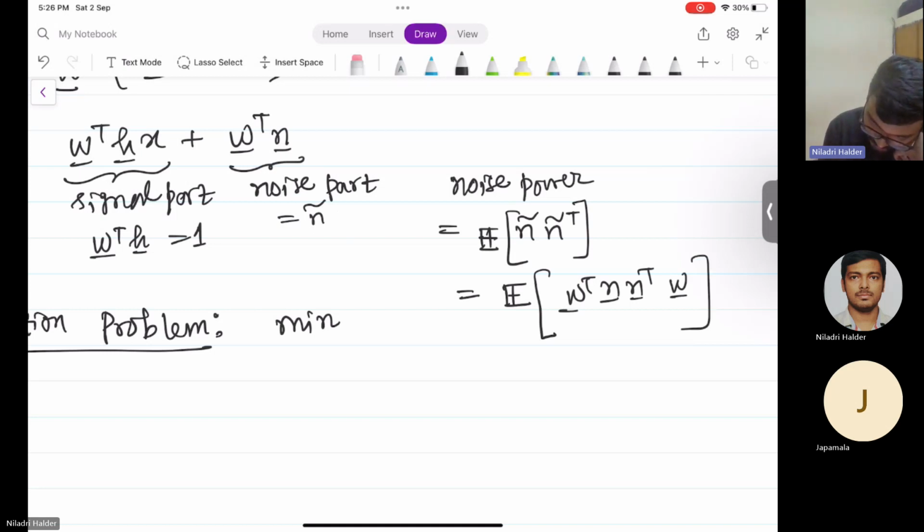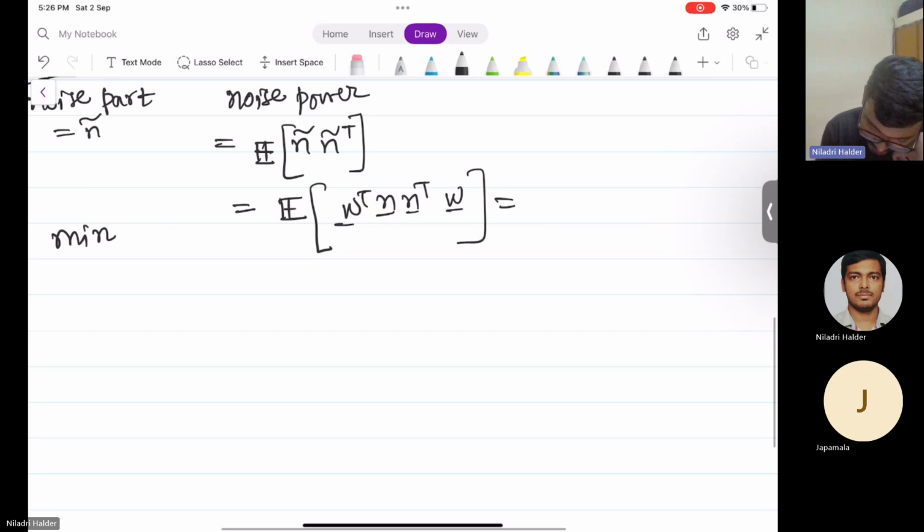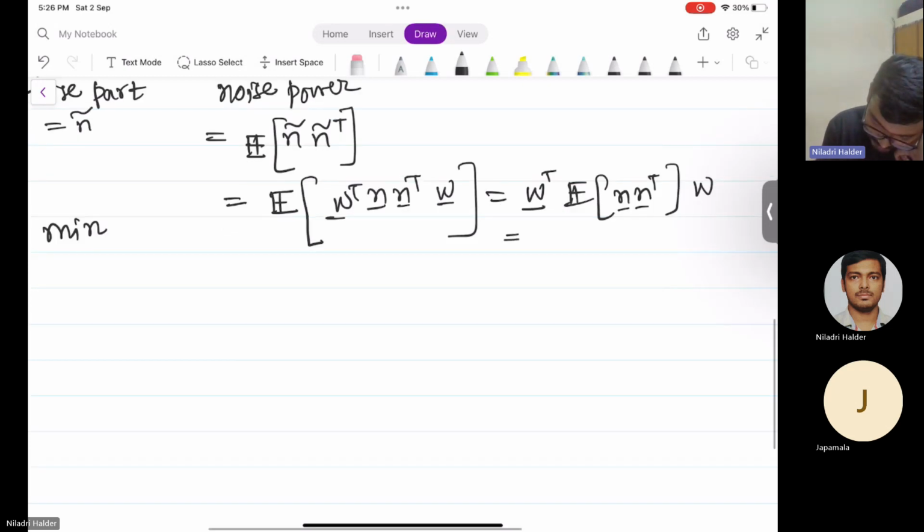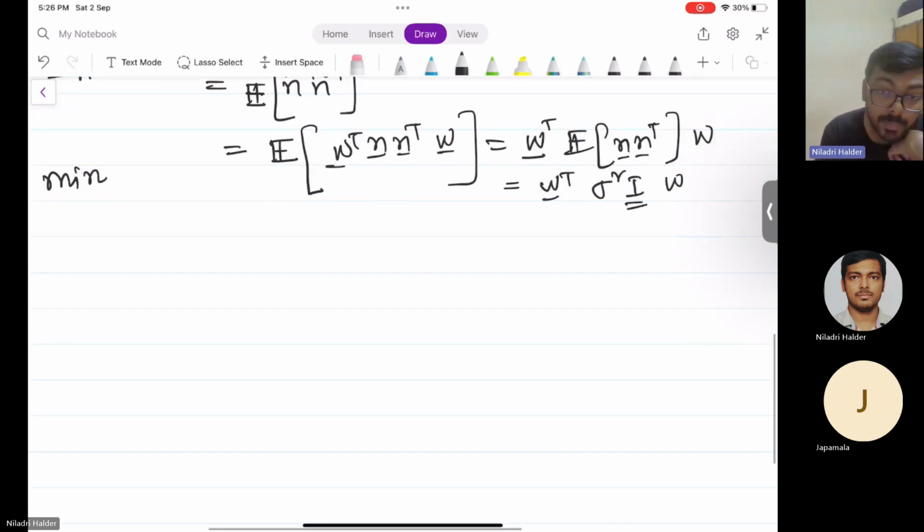So this is the same as the expectation of w transpose n n transpose w. W is not a random vector, so we can take it outside. The expectation of n n transpose is sigma square times the identity matrix, where sigma square is the noise power.